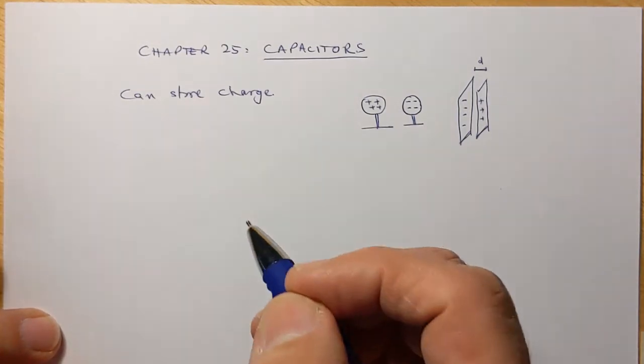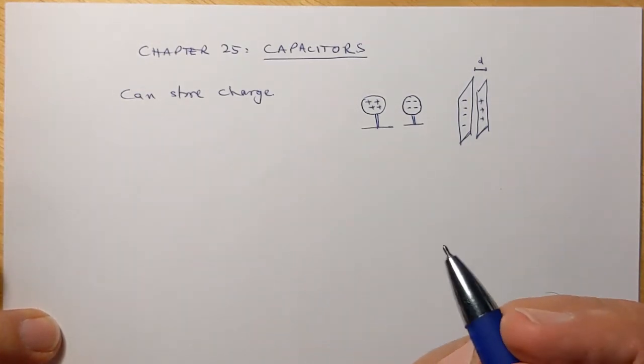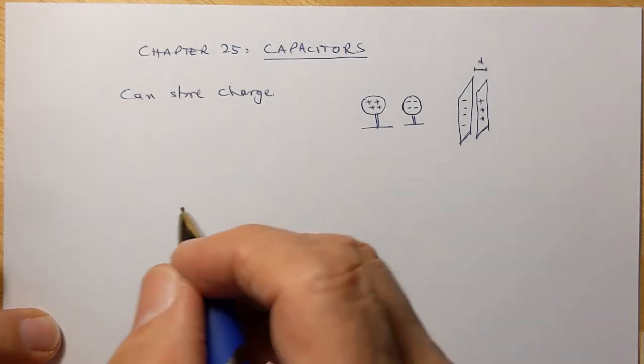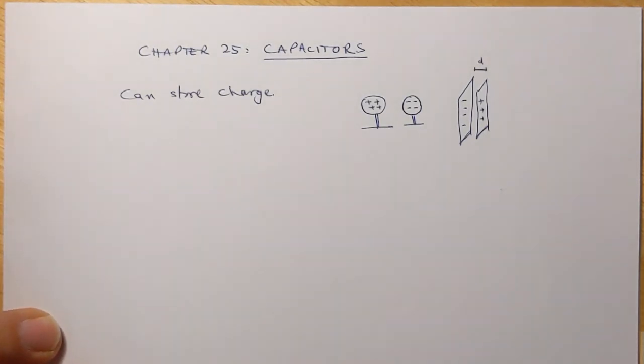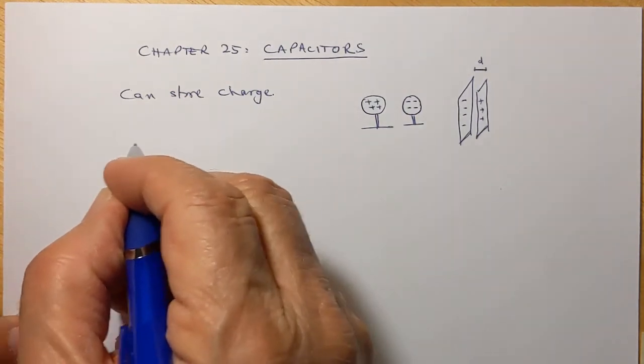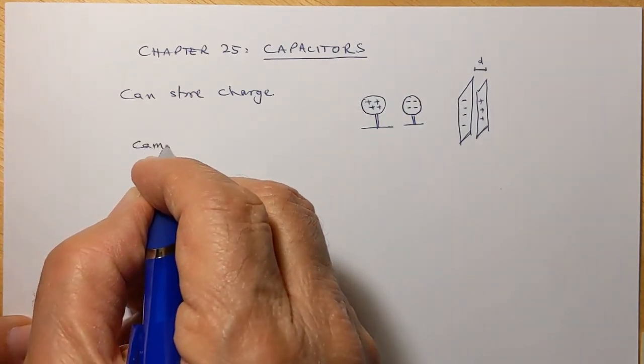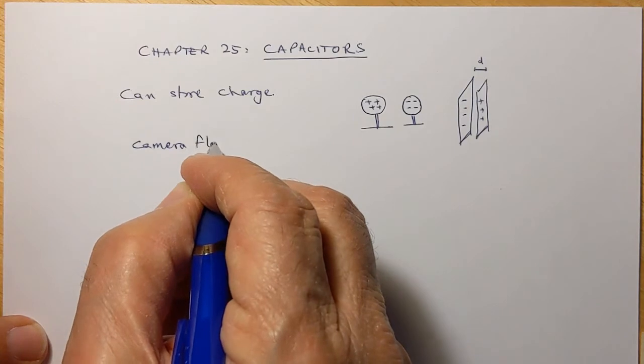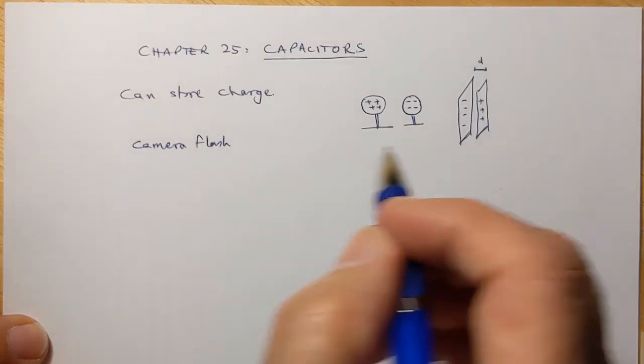Now, a capacitor is an electronic component in almost all electronics. It is used, for example, in the camera flash, where it takes a flash.